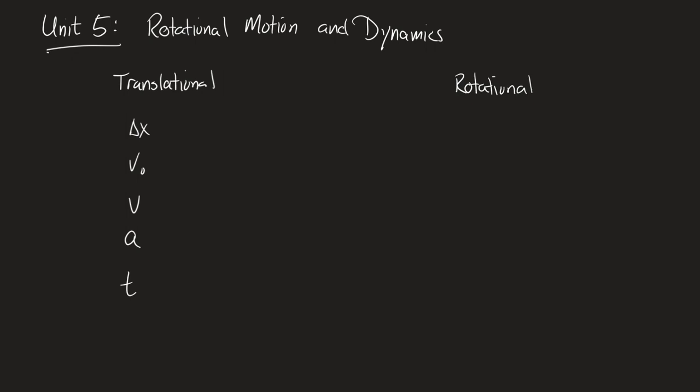So an object that changes the direction it faces changes by a certain amount of radians or degrees. Angular displacement. So although these are both displacements, delta x and delta theta refer to one object changing its location or an object changing the direction it faces, its orientation.